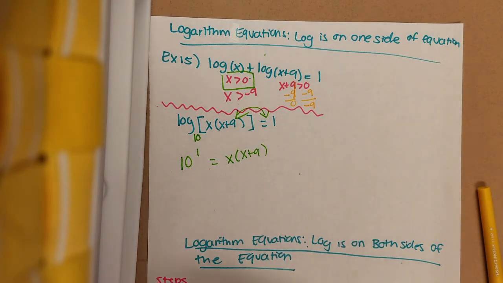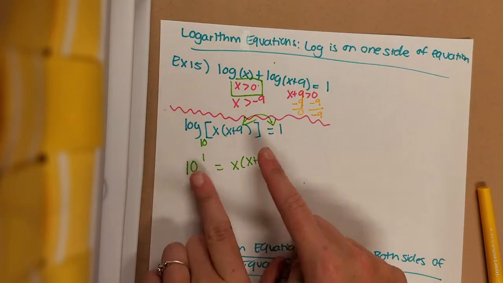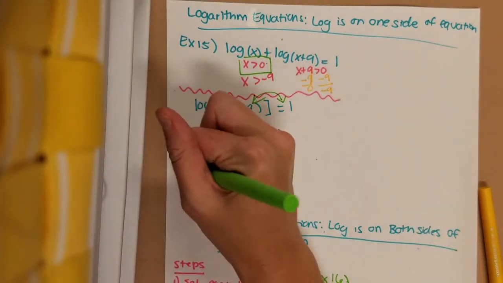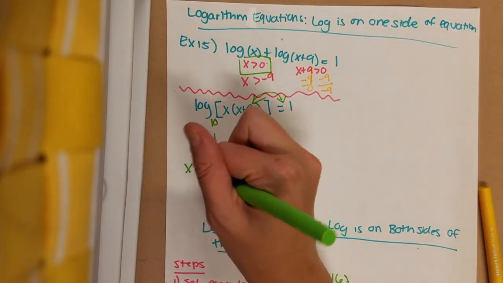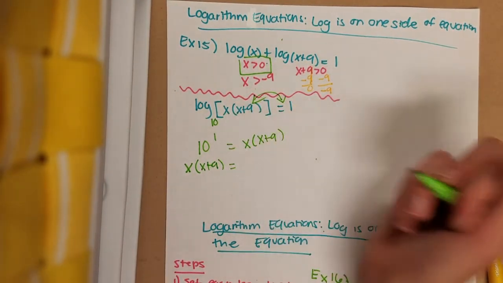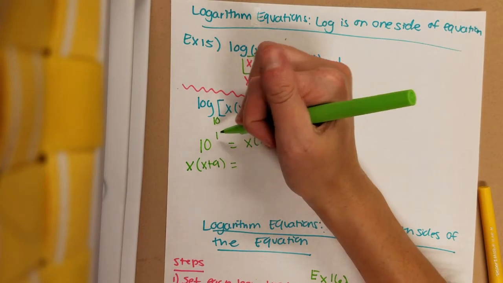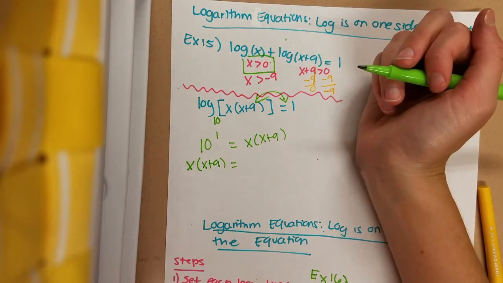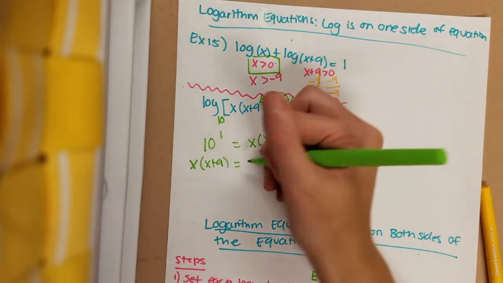Now, Miss Long likes the x's to be on the left, so I'm going to rotate my equation and write my x's on the left-hand side. It's a personal preference. Then 10 to the first power is just 10.